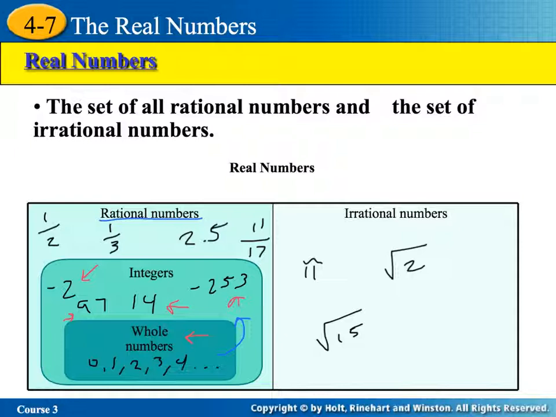All of these are rational numbers. And to go with our flow, all integers are rational numbers. However, not all rational numbers are integers. We don't go down the ladder. We always go up.